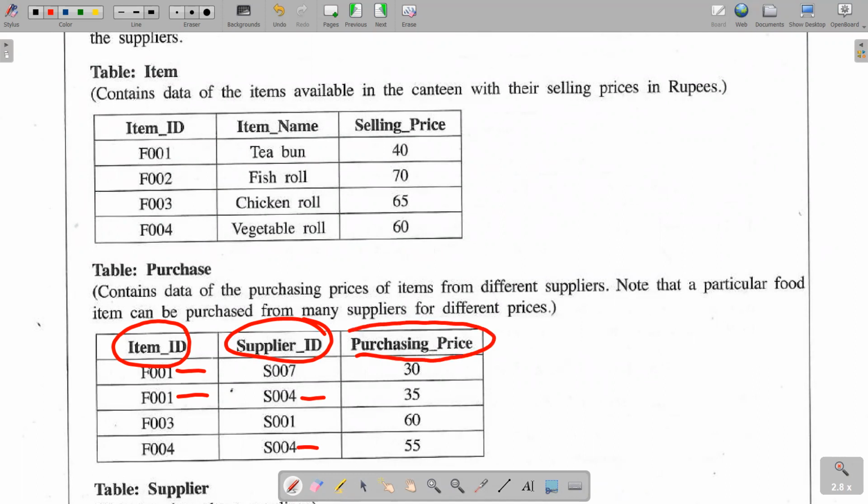The purchasing price is like we can't deal with those kinds of things if we are thinking about primary. So what we can do is propose item ID and supply ID together will be forming the primary key for the purchase table. Right, so you have to say item ID, comma, supply ID, or item ID and supply ID likewise.